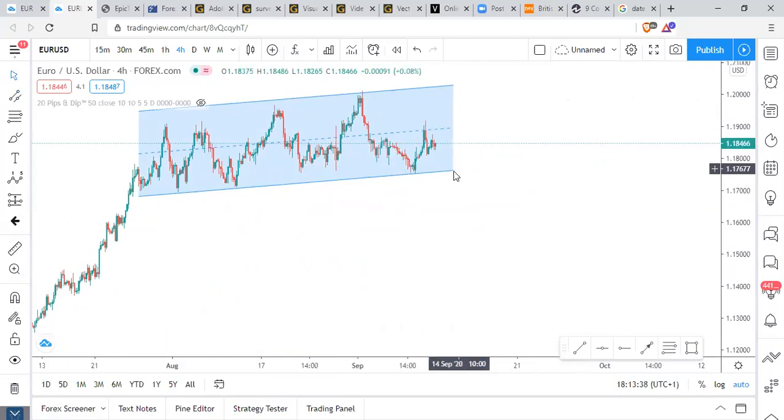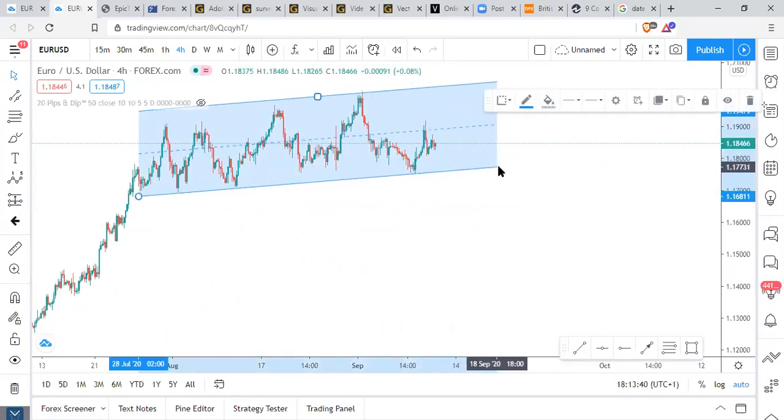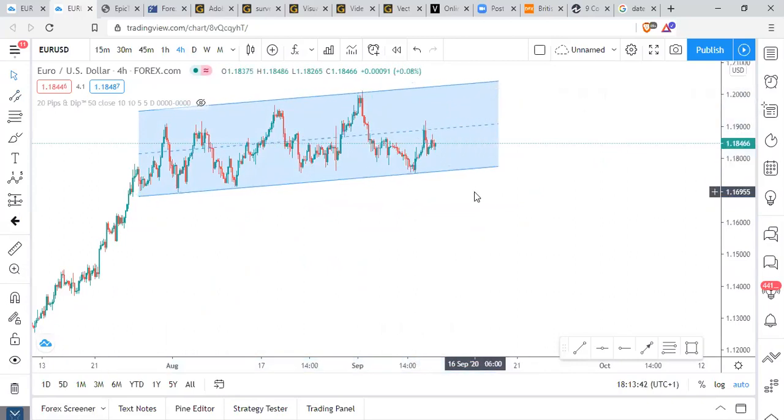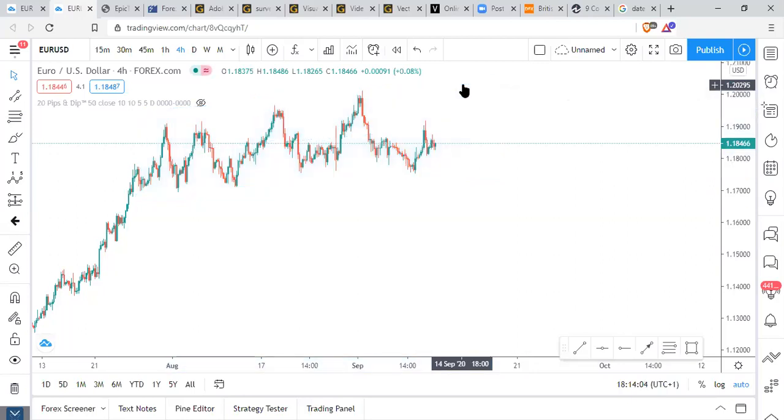Okay, so my price is currently in this range now. So I'll wait for price to come to this point, or at this point. If price should come here, I'll wait for a break and retest for me to sell, or a rejection here for me to do what? Buy this market.